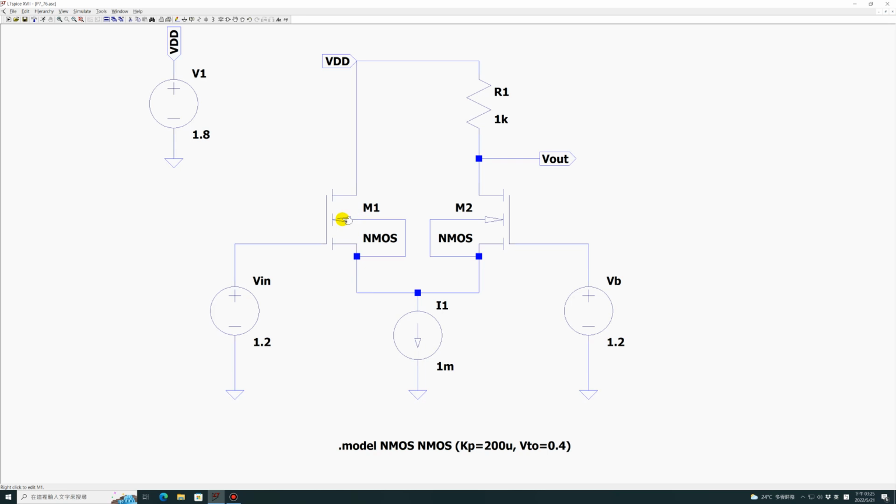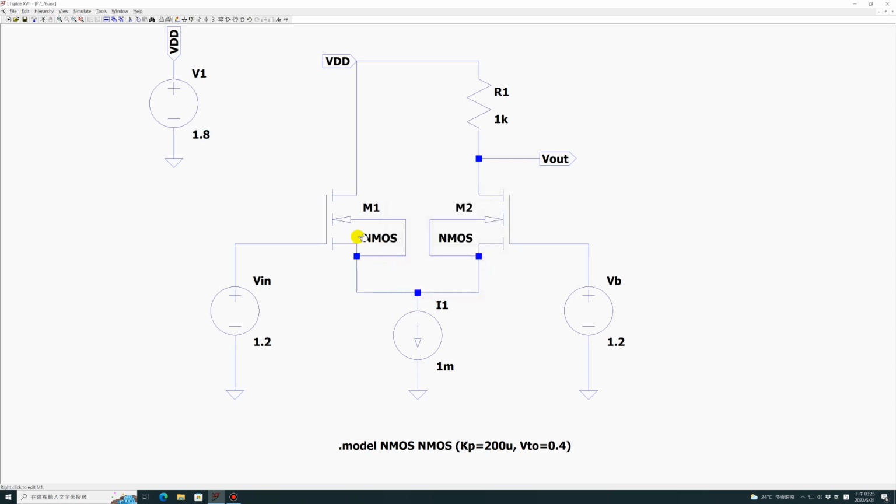Okay, they are both 10 micron to 0.18. So here I right click, and length is 0.18, and the width, they are both 10 micron.